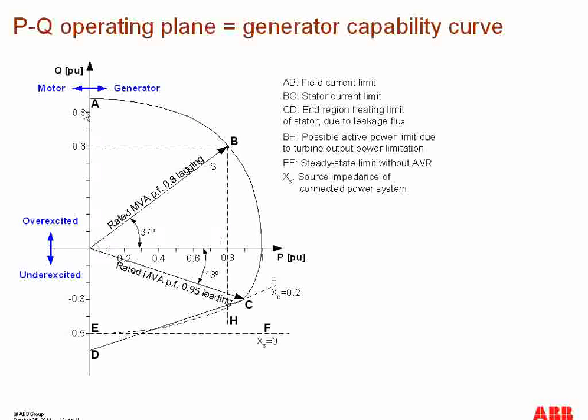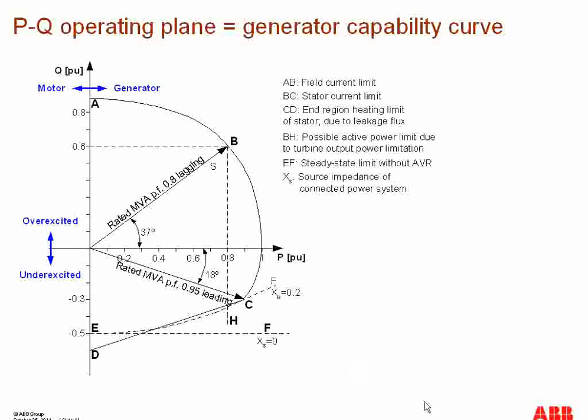As you can see over here, if the active power is being supplied to the power system, then the machine is acting as a generator. But if the direction is reversed for the active power, then the machine is acting as a motor. Similarly, if the machine is supplying reactive power to the system, then it is in the overexcited mode, and if it is receiving the reactive power from the system, then it is in the underexcitation mode.